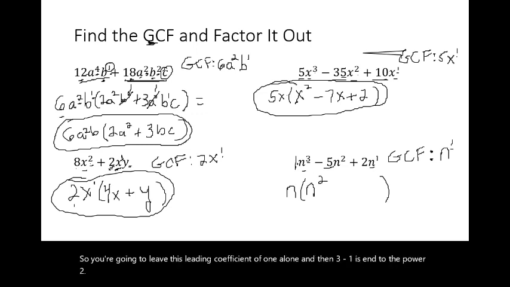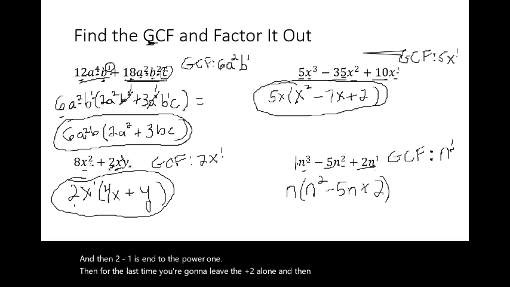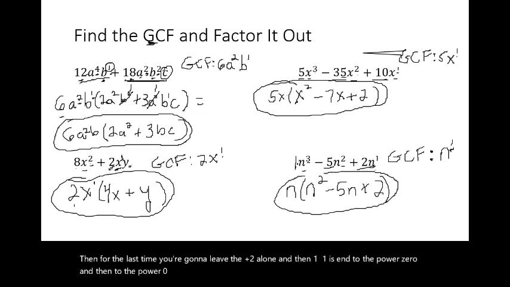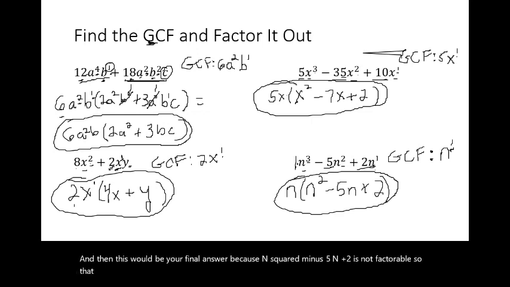Then you're going to leave the negative 5 alone, and then 2 minus 1 is n to the power 1. Then for the last term, you're going to leave the plus 2 alone, and then 1 minus 1 is n to the power 0, and n to the power 0 cancels out. And then this would be your final answer, because n squared minus 5n plus 2 is not factorable, so that is going to be your final answer.